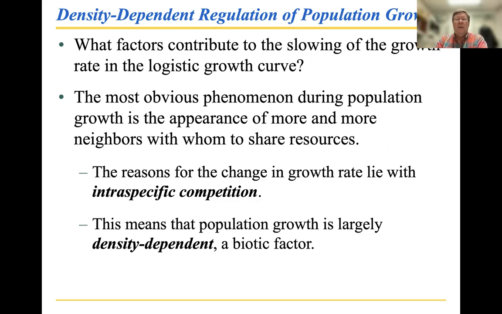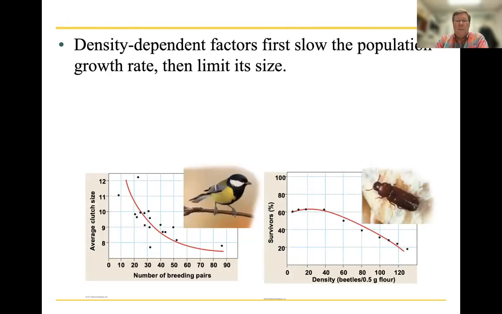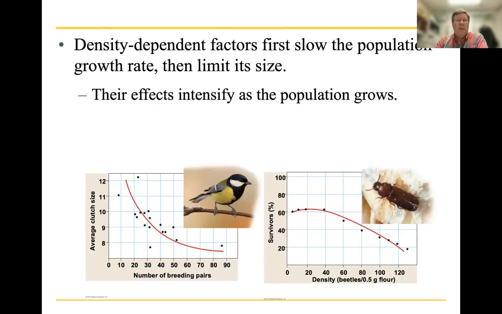Stable population, that is maybe where you end up with density dependent factors. To give you a couple of examples here, these factors tend to slow the population growth rate and make the size be near the carrying capacity, so it limits the size.